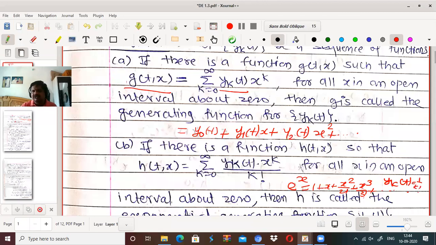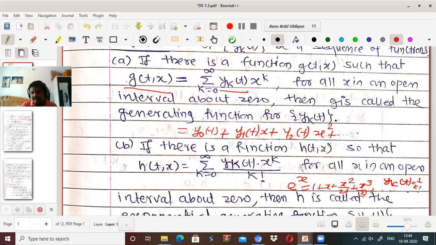Right, ykt: y0t is 1 upon 0 factorial, which is 1; y1t is 1 upon 1 factorial, which is 1; y2t is 1 upon 2 factorial. So we can also say that e to the power x is the generating function for 1 upon k factorial, and it is the exponential generating function for ykt equal to 1. We can say both.